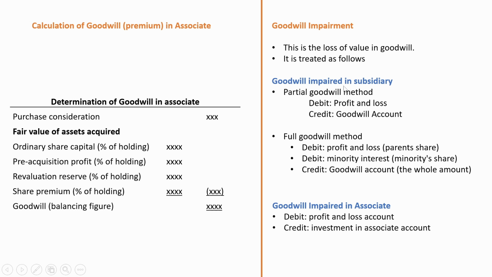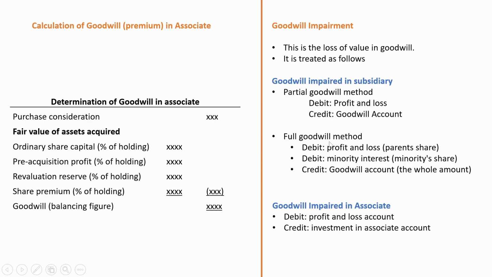We have goodwill impaired in subsidiary. If we are using the partial goodwill method, then you take the amount of goodwill impaired, you debit profit and loss account, and then you credit goodwill account. So because this is the partial goodwill method, the minorities will not have a share of the goodwill impaired.